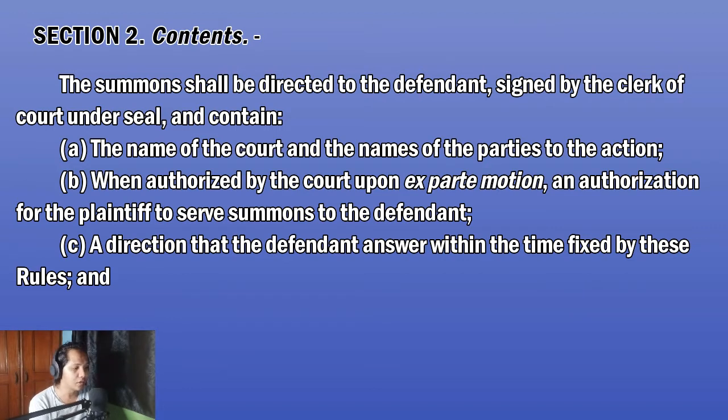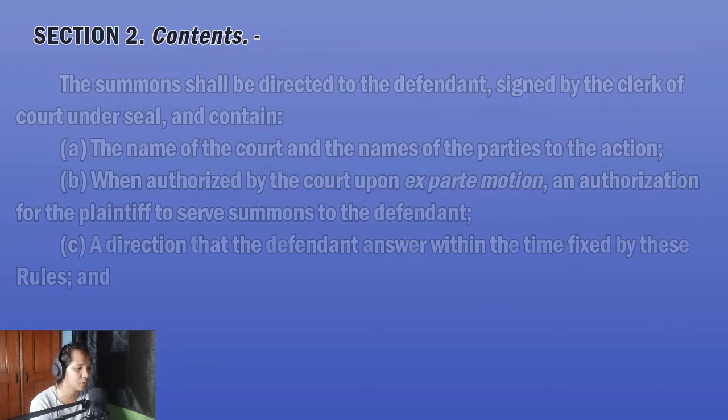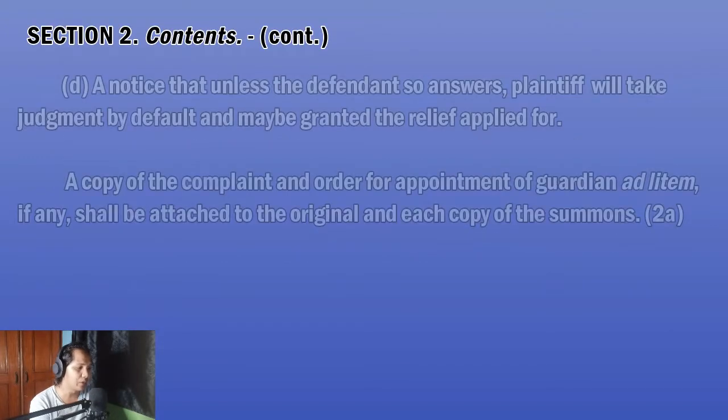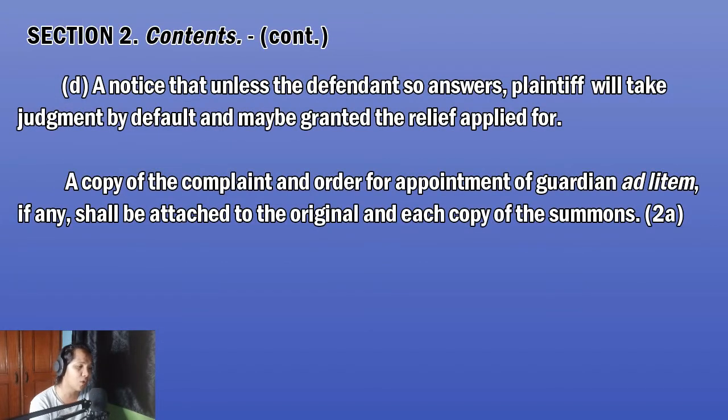A direction that the defendant answer within the time fixed by these rules; and d. A notice that unless the defendant so answers, plaintiff will take judgment by default and may be granted the relief applied for. A copy of the complaint and order for appointment of guardian ad litem, if any, shall be attached to the original and each copy of the summons.